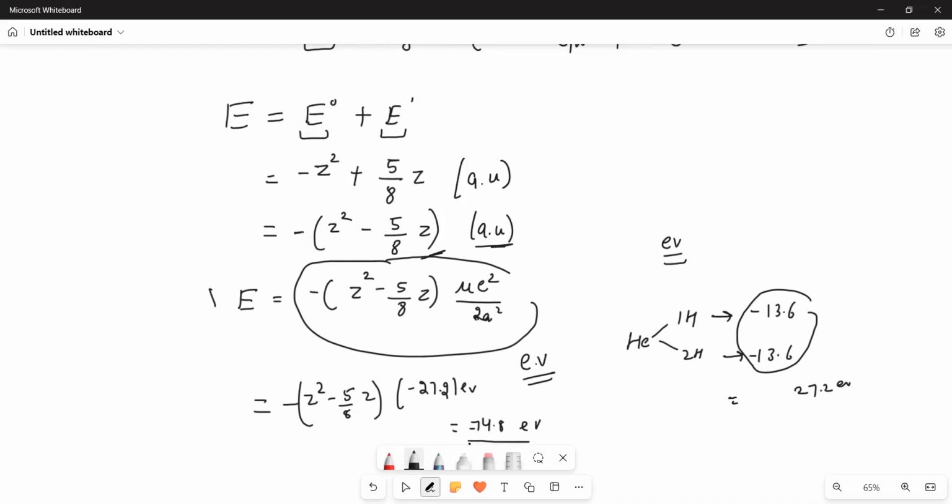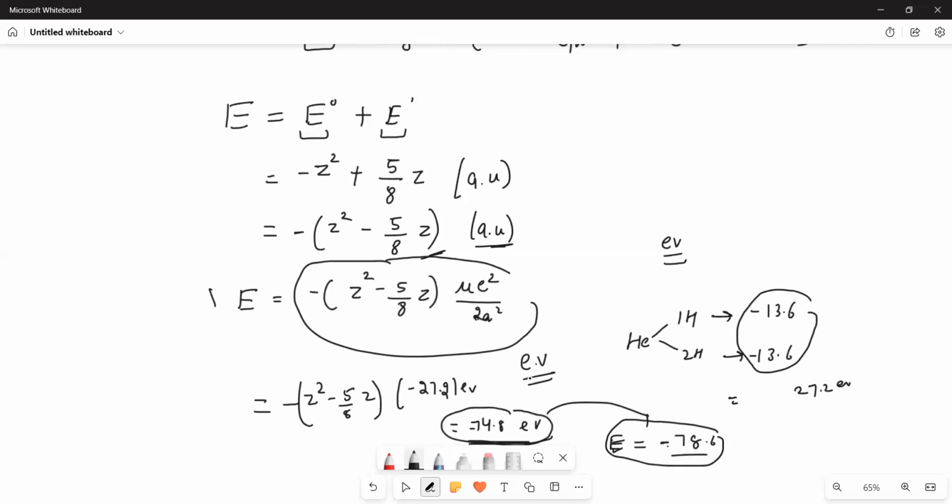So this is the energy of the helium atom that we have calculated by the approximate method. The actual energy of the helium atom is approximately minus 78 point something, so you can see the difference. This energy is calculated by experimental techniques, and this is theoretical.